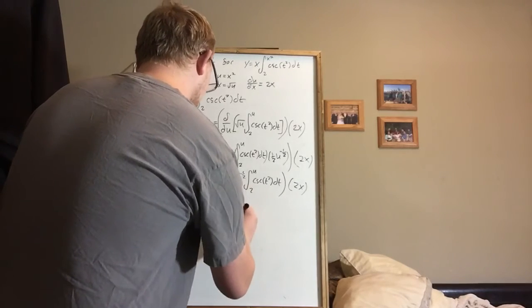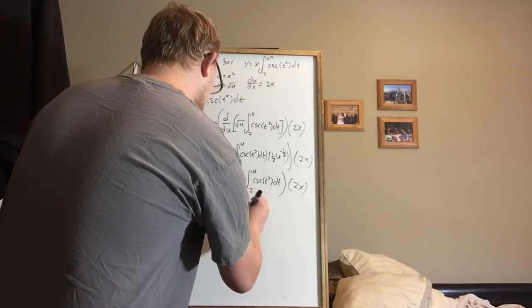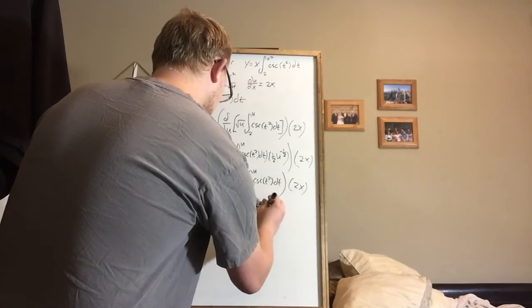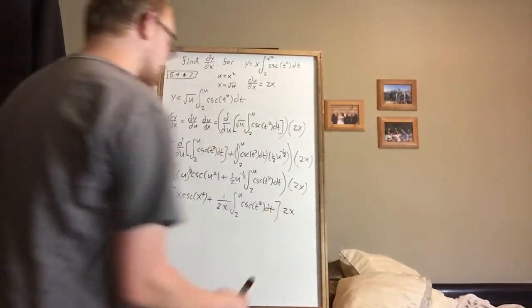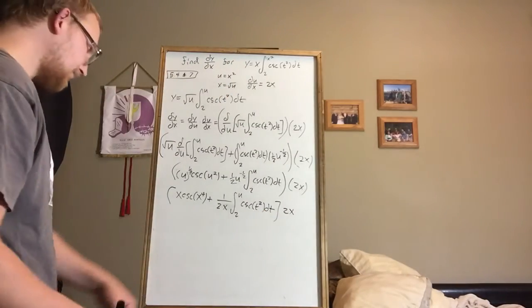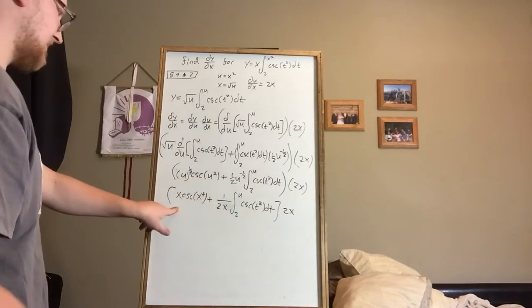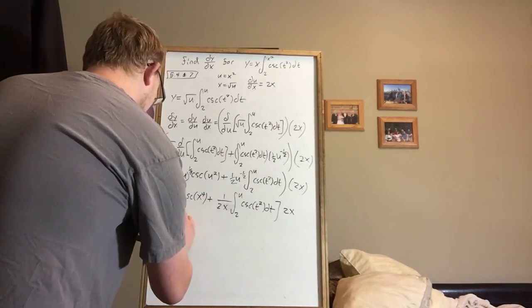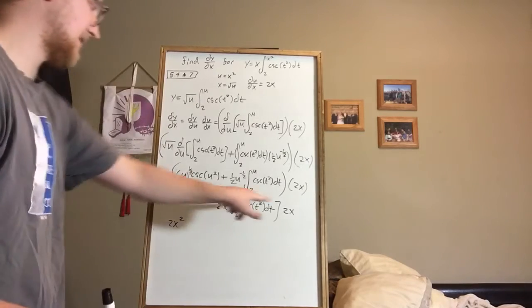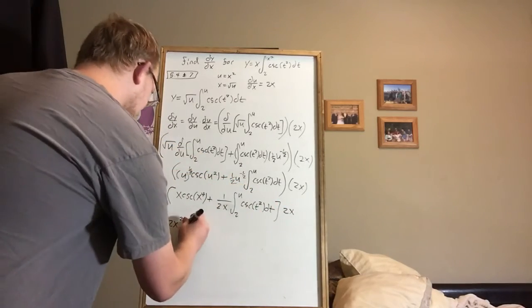times this integral from 2 to u of cosecant t squared with respect to t, and then we're multiplying everything by 2x, so we factor that in. 2x times x cosecant x to the fourth is 2x squared cosecant x to the fourth, since x times 2x is 2x squared.